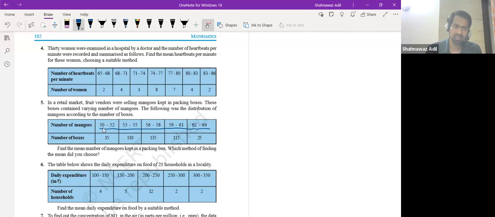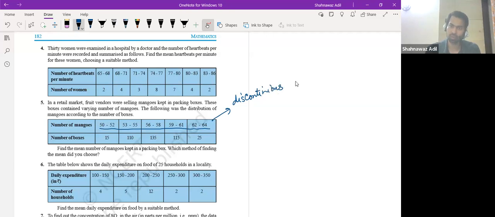But here we can see 50 to 52, and then we have the other limit. So it has changed. This is an example of discontinuous grouped data, as Aisha said.